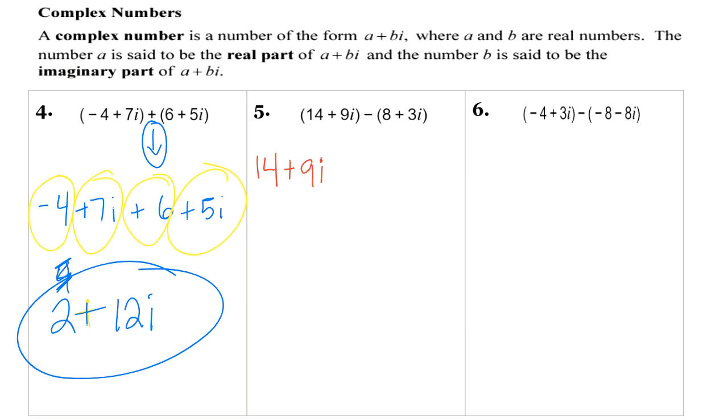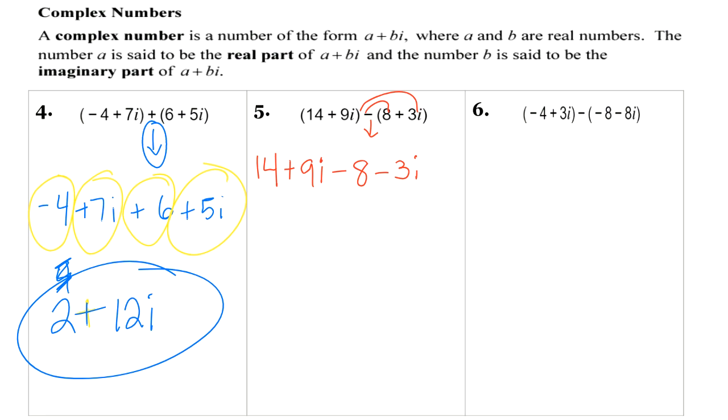Now this negative here, it's like a -1, if you will. Multiply each term that's inside. So I get a -8. And then I get a -3i. So remember that you have to multiply a negative by each term that's in parentheses.